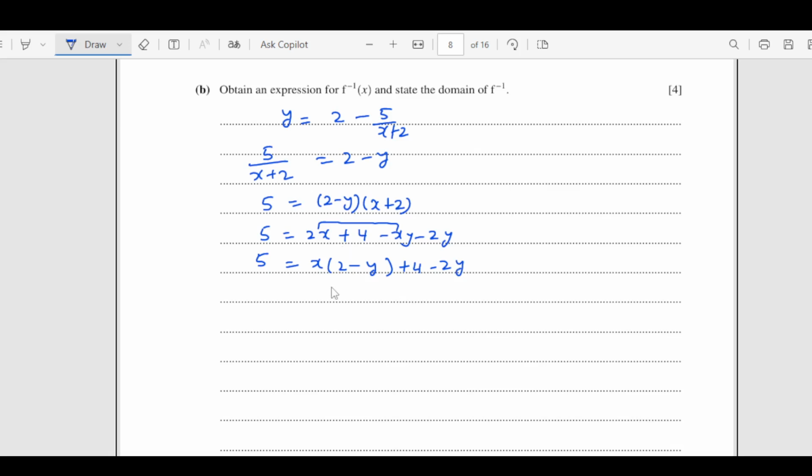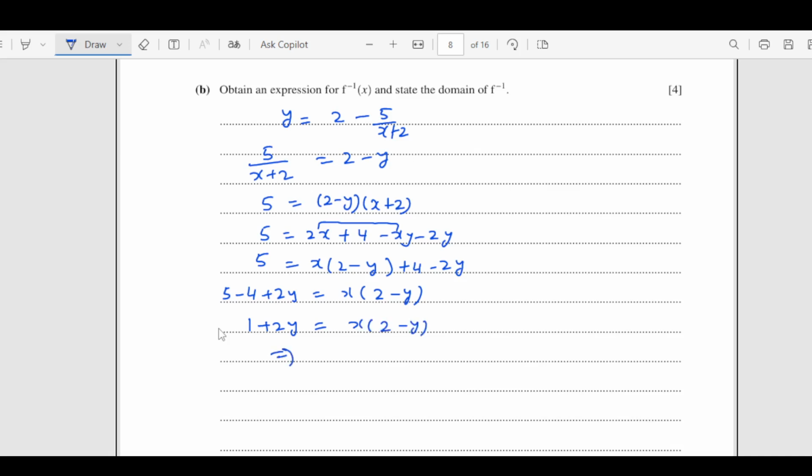We are making x the subject, so that means we are going to shift the other things to the other side. So 5 minus 4 plus 2y will be x into (2 - y). So this is 1 + 2y equals x(2 - y).